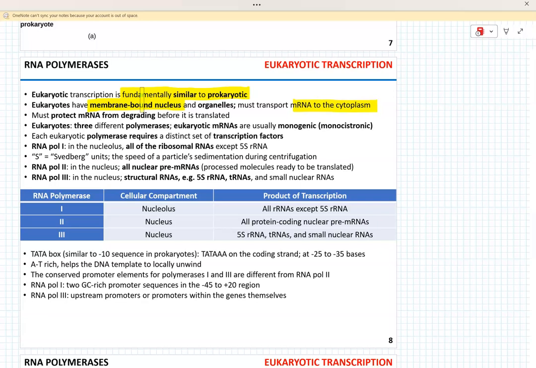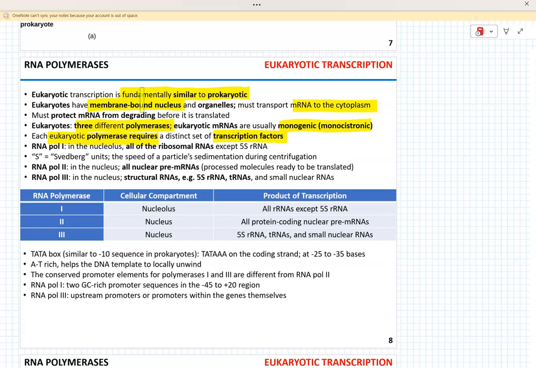Also, eukaryotes have 3 different RNA polymerases, and the mRNA that is synthesized during eukaryotic transcription is usually monogenic or monocistronic. In other words, every transcript contains a single gene. In addition to that, eukaryotic polymerase requires a certain number of transcription factors for the transcription to be fast and efficient.